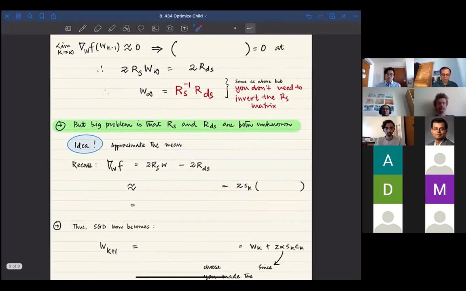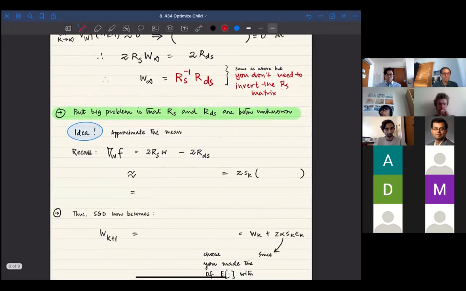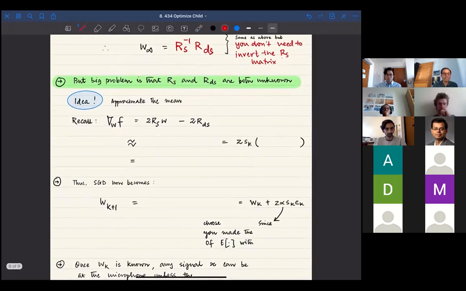Okay, here's the big problem: RS and RDS are both unknown. This is the covariance of the source signal, and this is the covariance between the signal arriving at the eardrum and the signal arriving at the reference microphone. So here is the core idea, and we'll stop here. Approximate the RS and RDS with the current value of SK and DK.